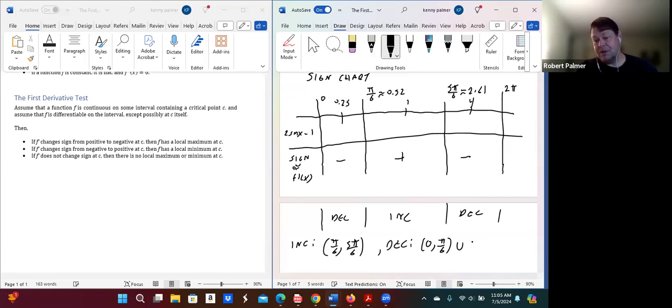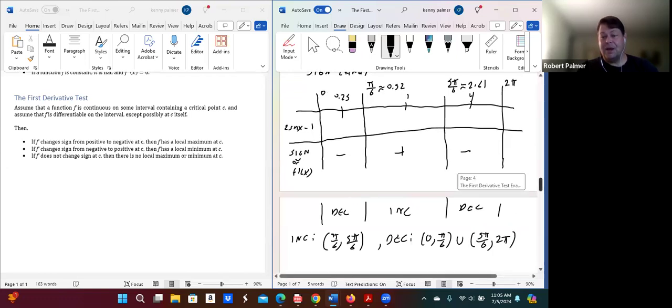And then use the union sign. Then again, from 5 pi over 6 to 2 pi. And once again, although 2 pi is included in the original interval, we don't include it for increasing and decreasing. Then the last thing, at pi over 6, it goes from decreasing to increasing, so that's a local minimum.